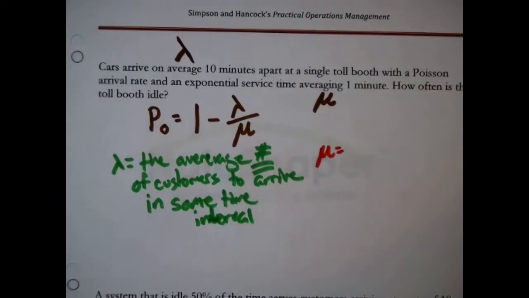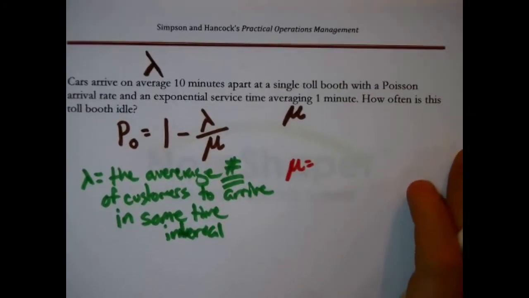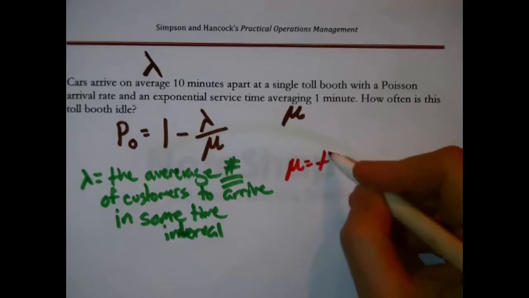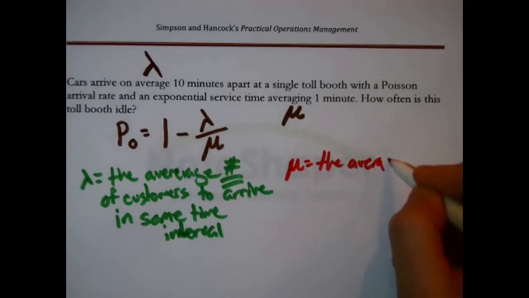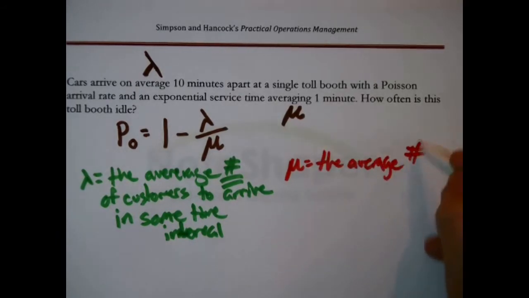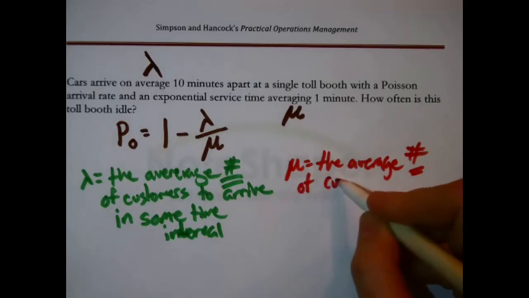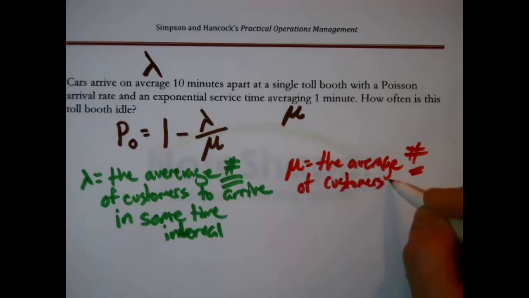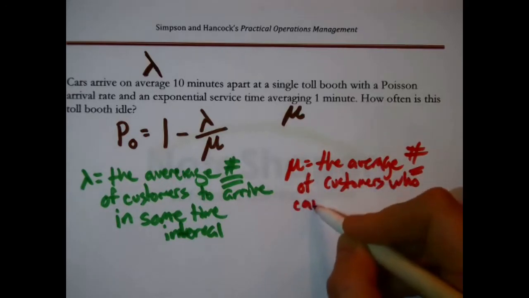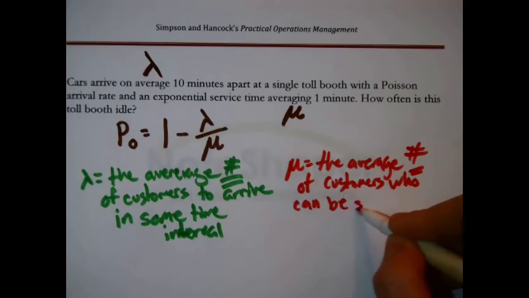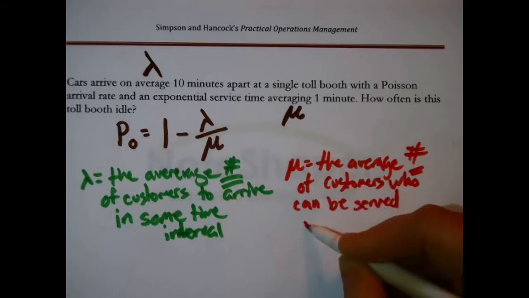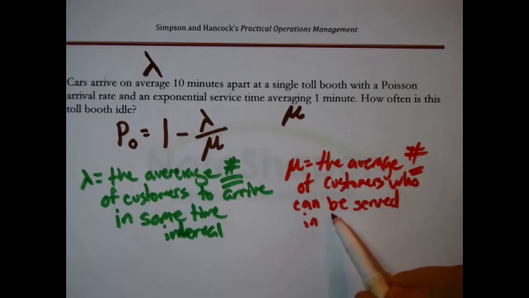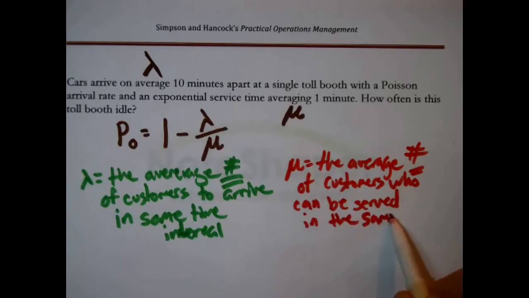Mu reflects lambda. Mu is like lambda's sibling. It's the average number, again, the symbol for number, of customers who can be served in the same time interval.